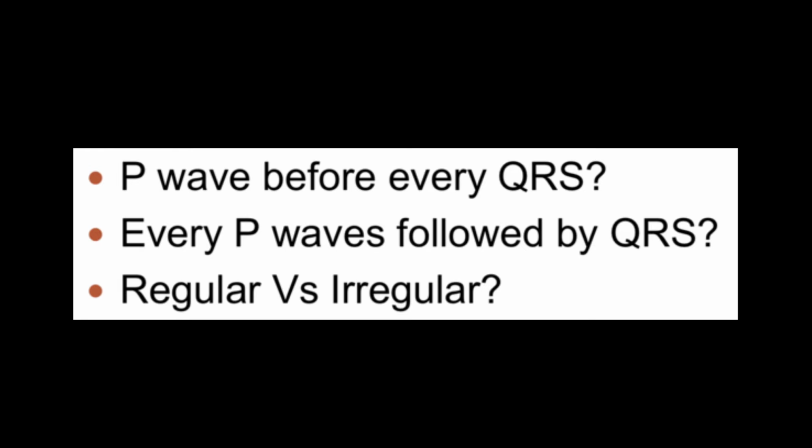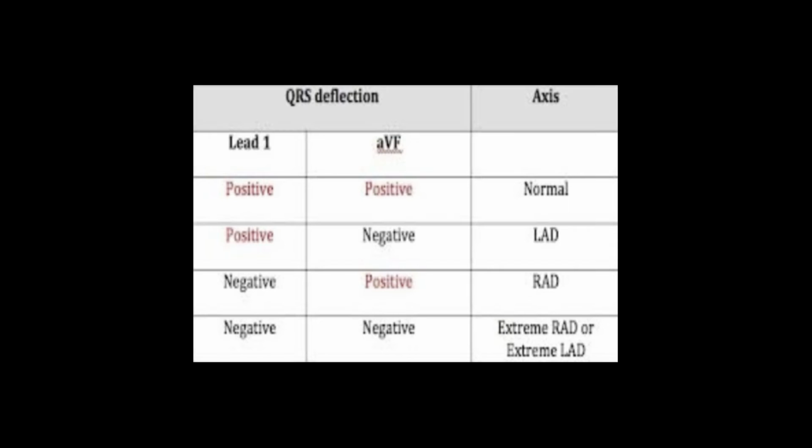Then next we'll look at the axis. There are multiple ways of evaluating the axis, but I think most importantly is a quick determination. For this we look at lead 1 and lead AVF.